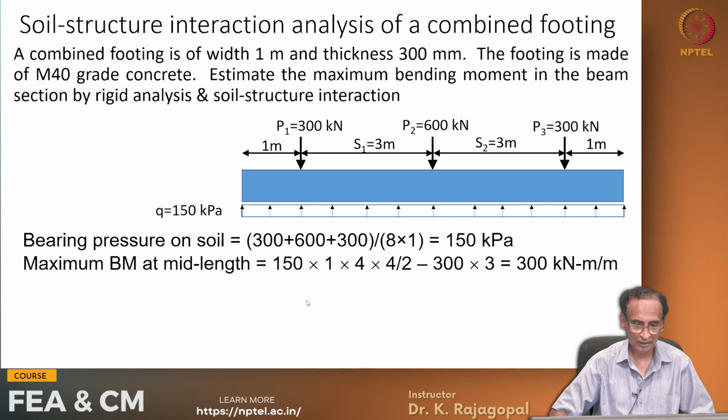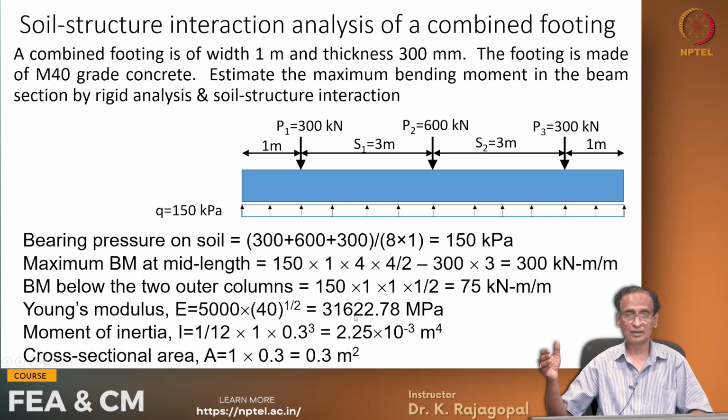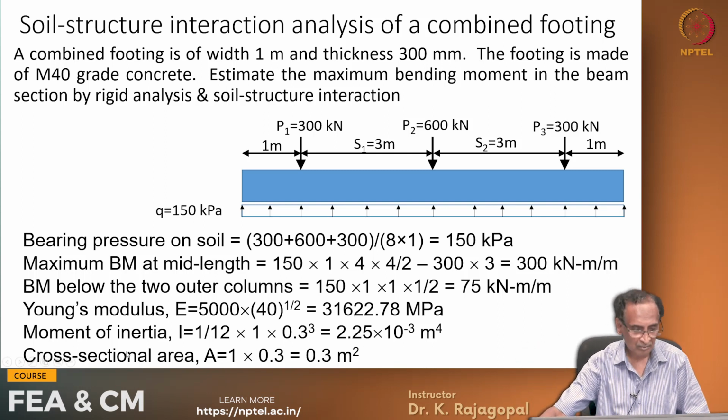I think I may not have copied all the data. Oh yeah, here. So our Young's modulus is 31,622.78 MPa, and in kilopascals 31.622 times 10 to the power of 6. Okay. And the moment of inertia is 2.25 times 10 to the power of minus 3. Cross sectional area is 0.3.